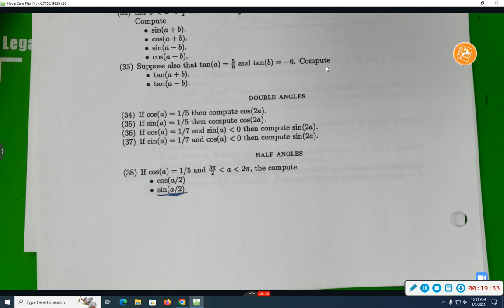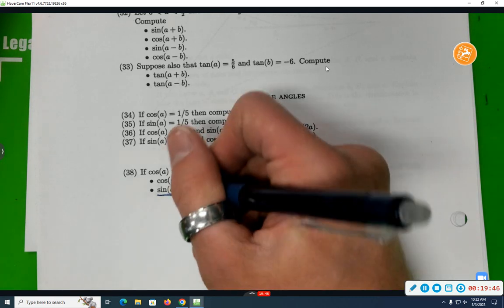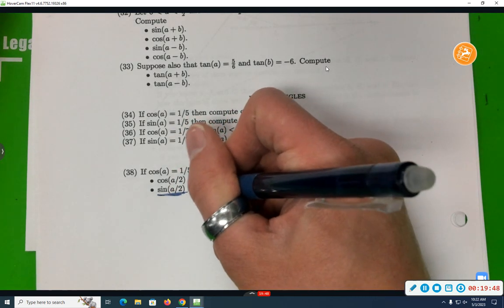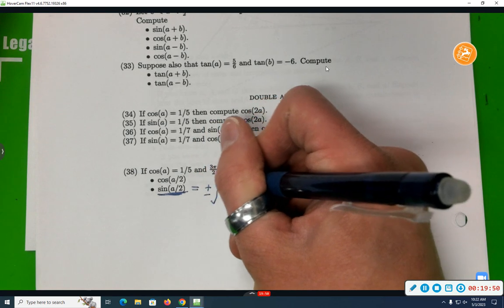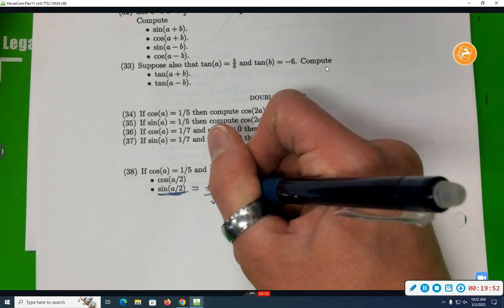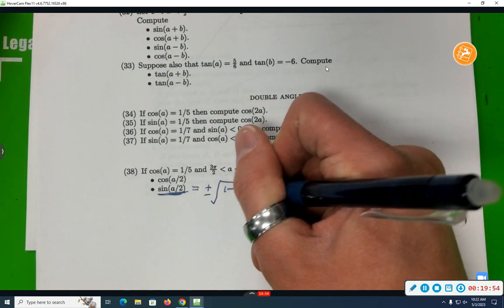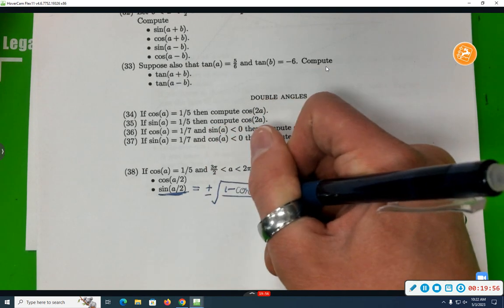Do I have a half angle formula for sine? Yeah. Either you flip around in the notes, or you can look to my left. The half angle formula for sine says that the sine of A over 2 is plus or minus the square root of 1 minus cosine of A, all over 2.